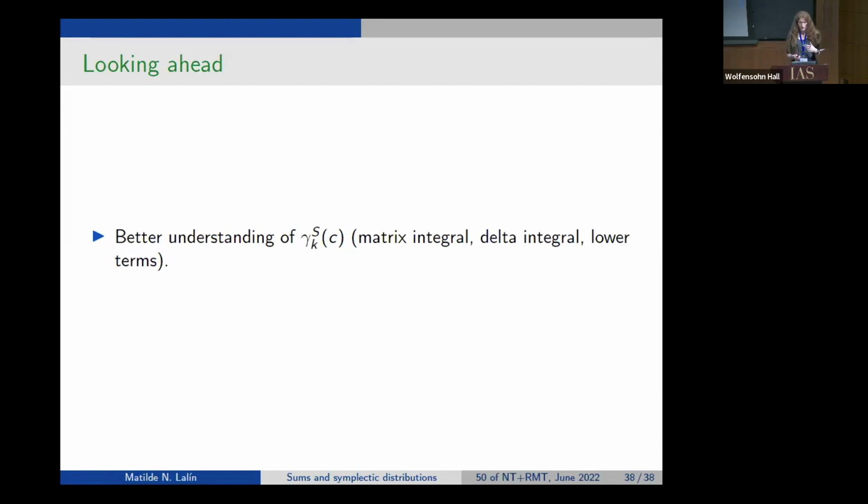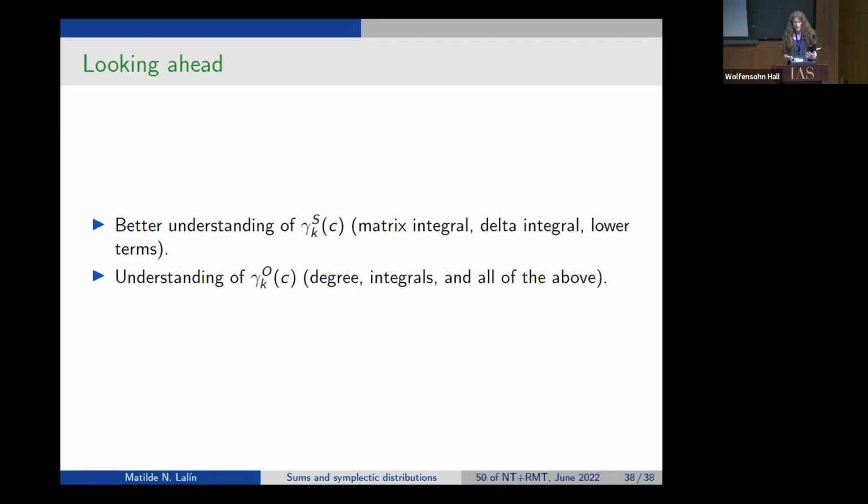Obviously, it would be interesting to get lower terms. The gamma kc is just the asymptotic of n to the highest power, but we could go to lower powers. With the orthogonal case, we have questions about all of the above, and also the degree. We're working now on the symmetric function theory for that, and it's a bit more complicated than the symplectic case.